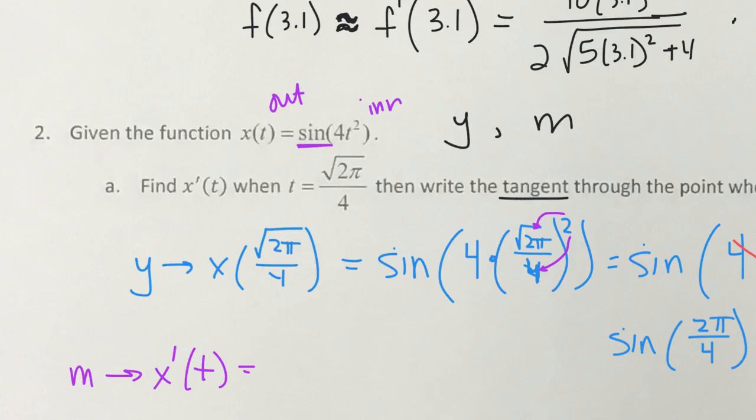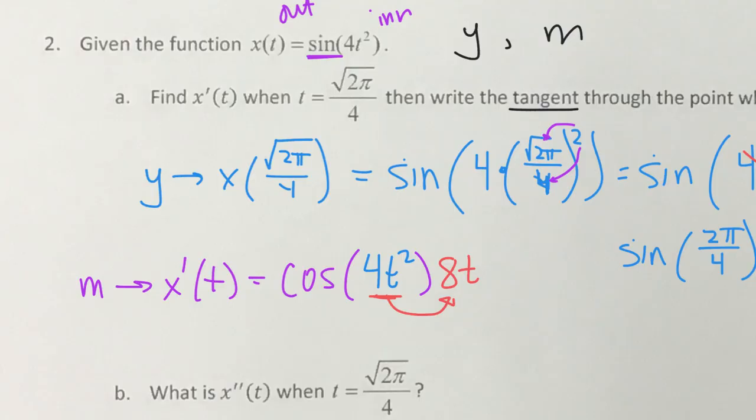So first we take the derivative of sine, that's cosine, and we don't mess with the 4t squared. We've only taken the derivative of the sine. It becomes cosine of 4t squared. Then we multiply it by the derivative of 4t squared, which is 8t. We use the power rule again: 2 times 4 is 8, t to the first power.